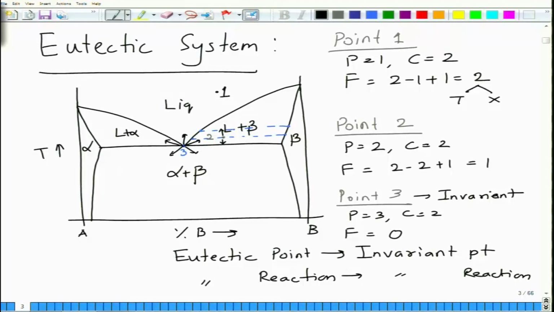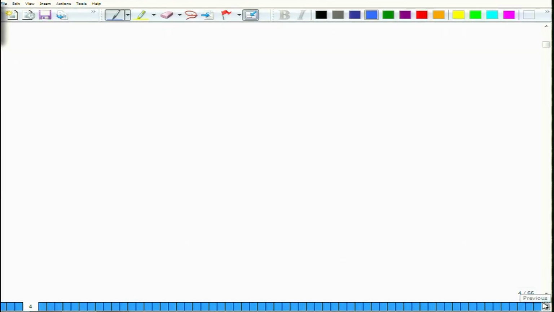Invariant means there is no degree of freedom. So, whether you are at this point or this point or this point, they are all triple points where degree of freedom is equal to 0, and these are called invariant points. So, I will not now go to peritectic, etc.